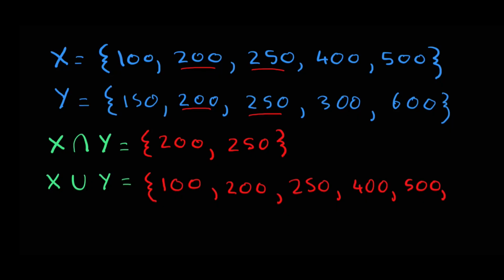And now I'm just also going to add all the numbers that appear in set Y that I haven't already added. So that's 150, 300, and 600. So there we have the union between X and Y, and that's just every single number that appears in either set.